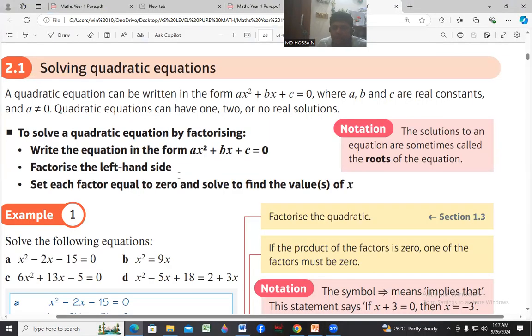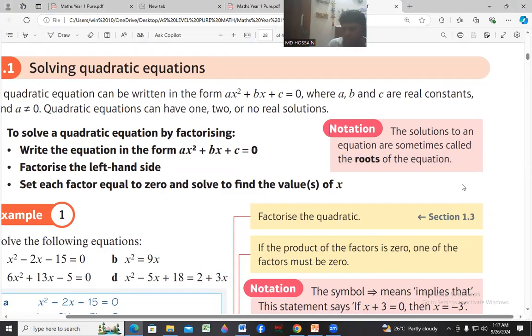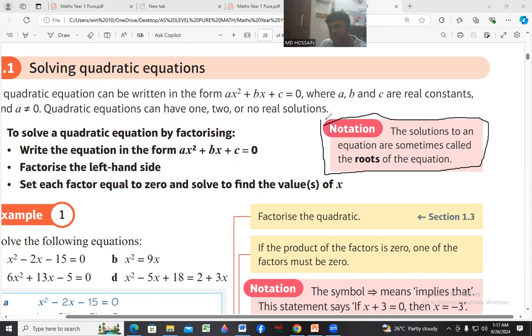Now look at the screen. Solving quadratic equations, as I said earlier. Please take note of this, to keep in mind for a good understanding of math. The solutions of equations are sometimes called the roots of the equation. So the roots of the equation we have seen here earlier: x minus 3 and x plus 2 equals 0. So these are the roots of the equation. So also keep that in mind.